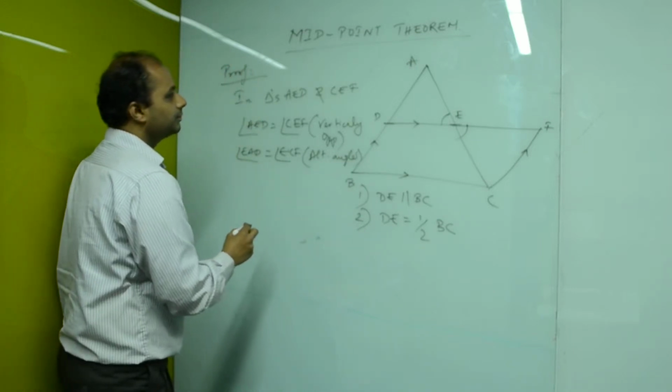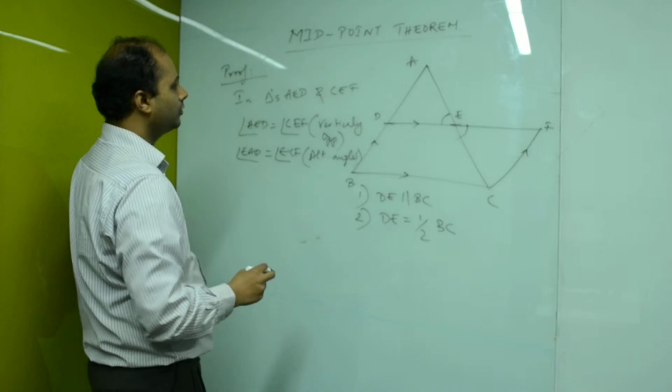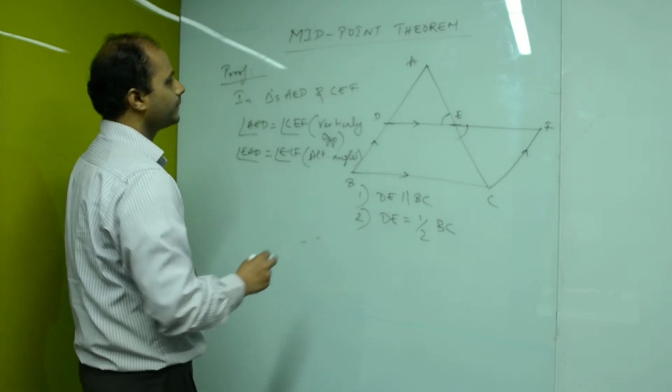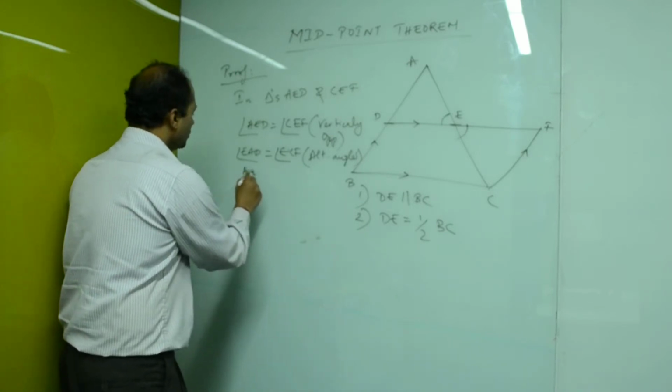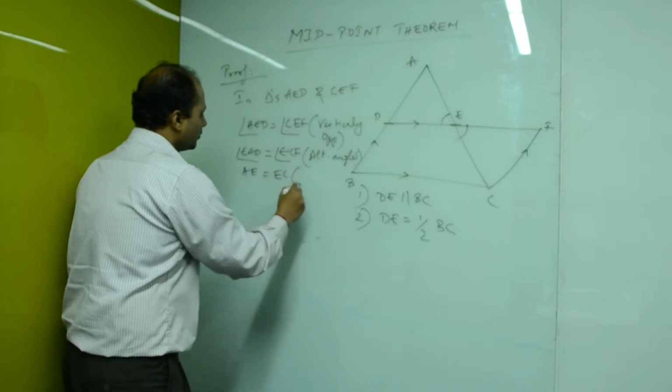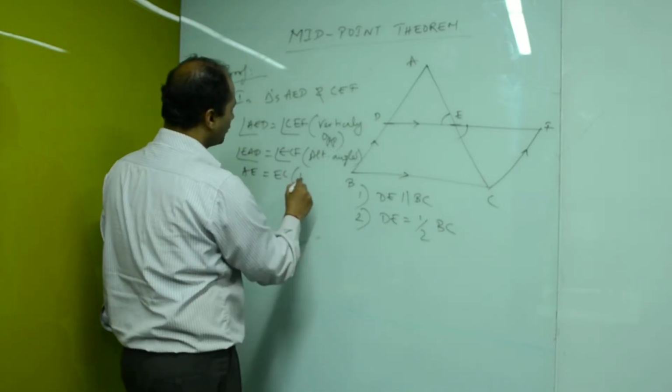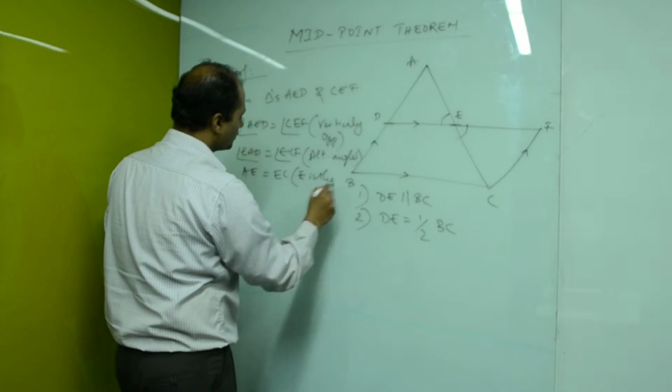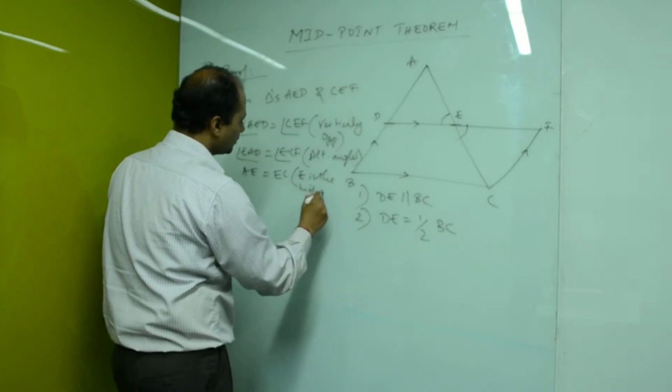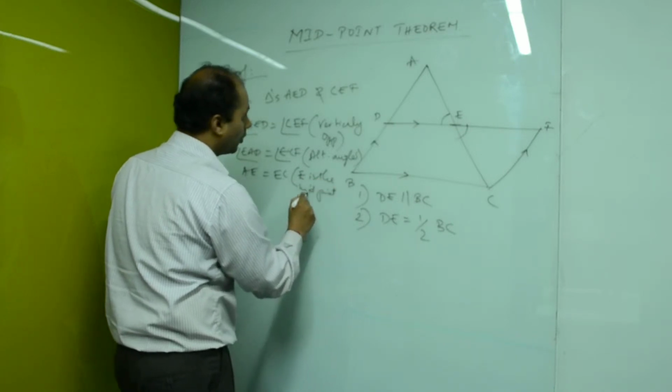And finally we have AE is equal to EC because E is the midpoint of AC.